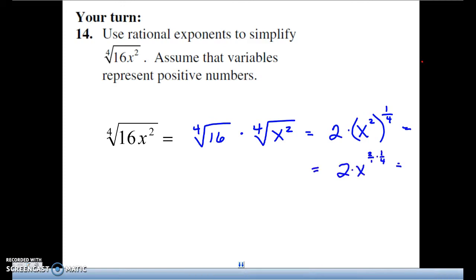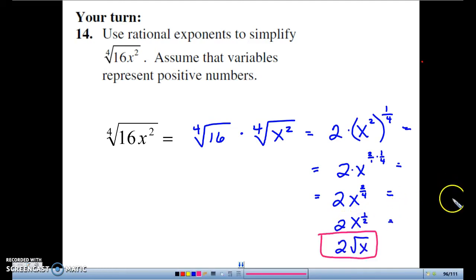See what I did there? 2x, we always reduce our fractions. X to the 1/2 power is the same as the square root of x.